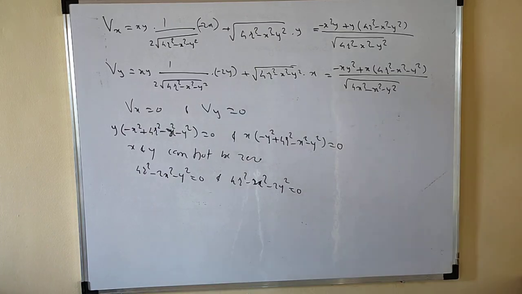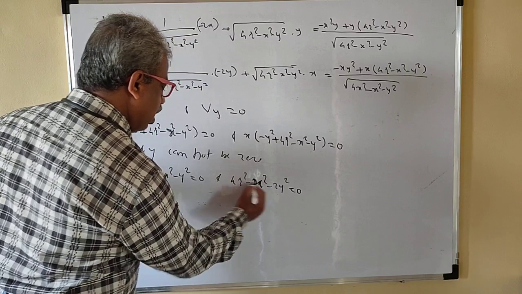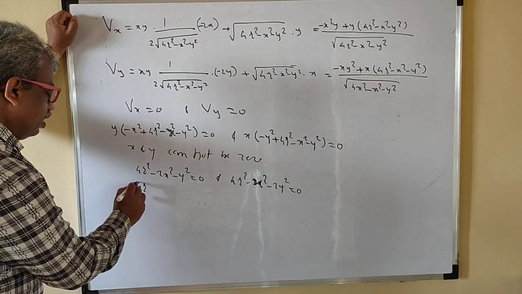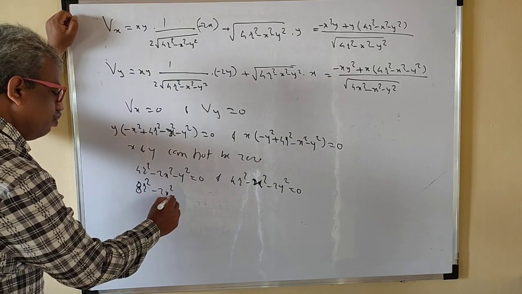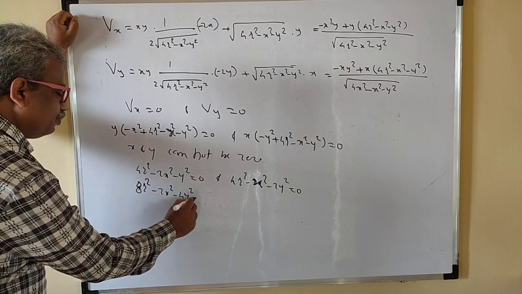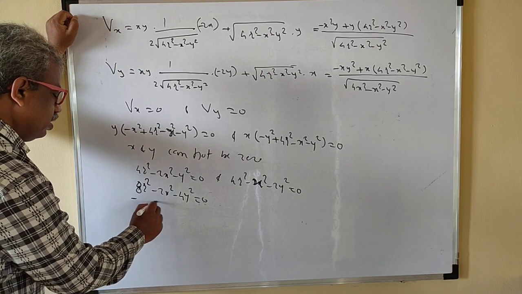So what we get? Simply this is x square. I multiply by 2 now here. So this is what? 8r square minus 2x square minus 4y square is equal to 0. So what will I do? I will subtract this. Minus, plus.